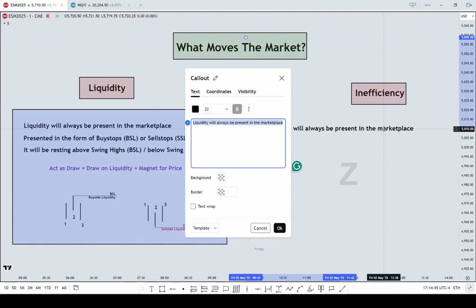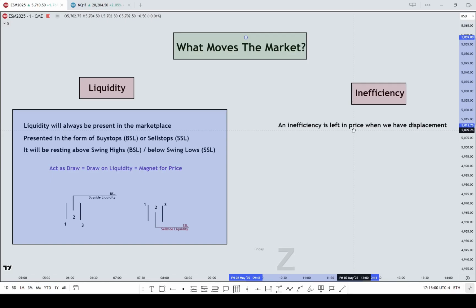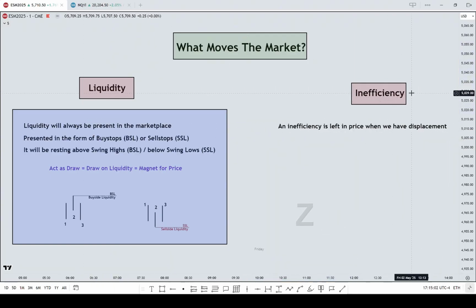An inefficiency is left in price when we have displacement. So this won't always be on the marketplace unless we have displacement. In contrast to liquidity, which we can always find, it does not matter what price is doing.